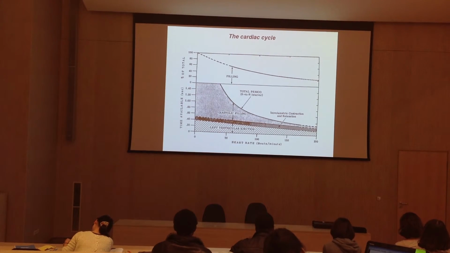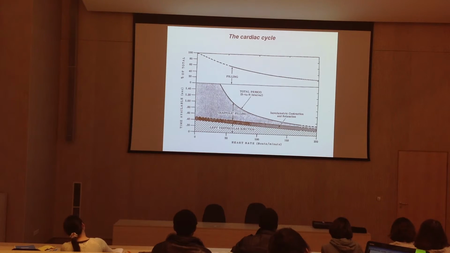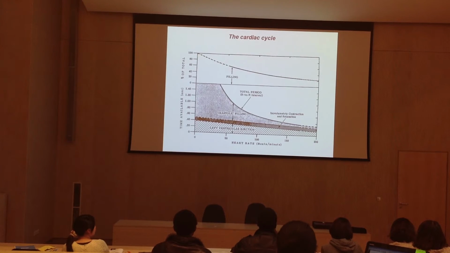If the heart rate is higher, the decrease in the duration of the diastole is larger than the decrease in the ejection time. If you measure these durations at 60 per minute frequency, you can see here the diastolic filling time is 2 times longer than the ejection time.